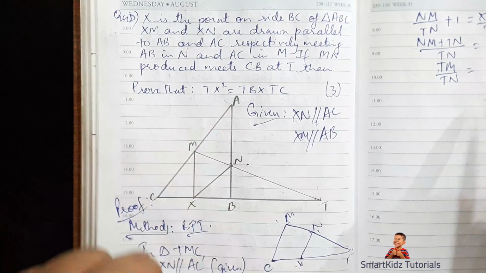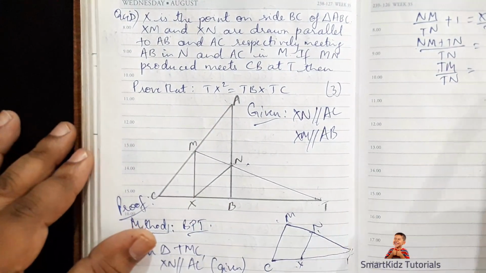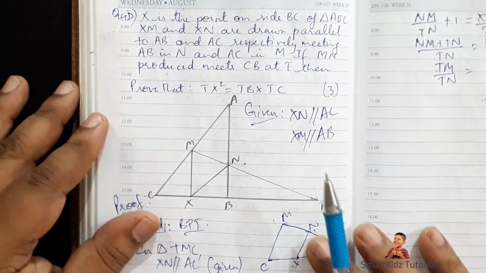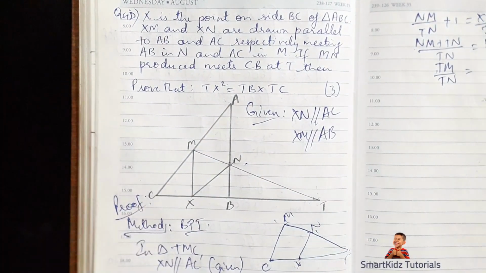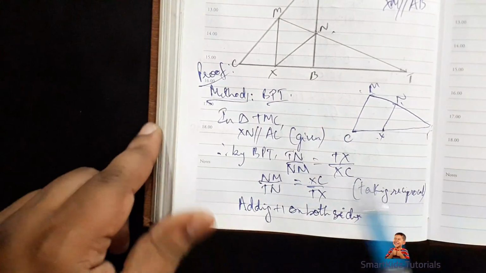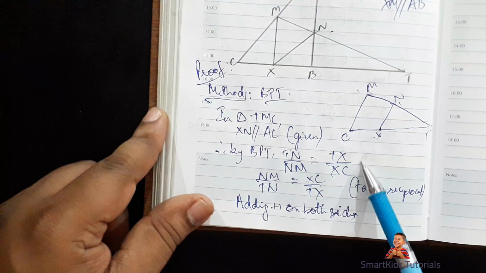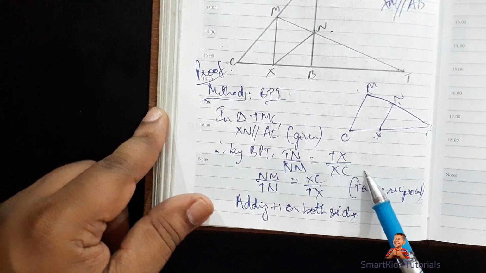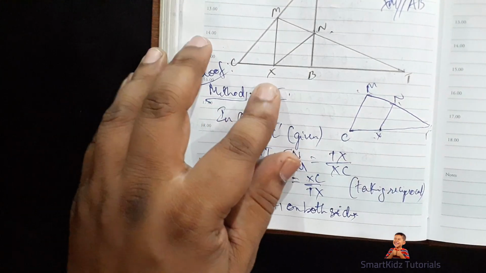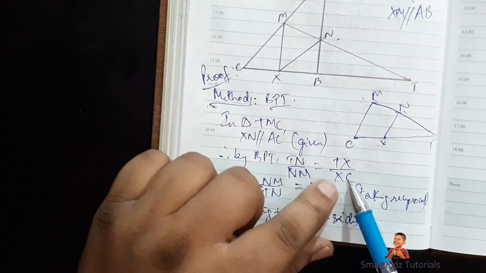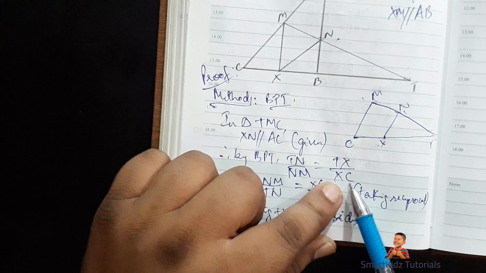Now similarly we'll take another triangle as well, and probably we will get TB and TX. And why did I take the reciprocal? If I had not taken the reciprocal and just added plus 1, I would have got TX plus XC on top, which is TC, but down I would have been left with XC.